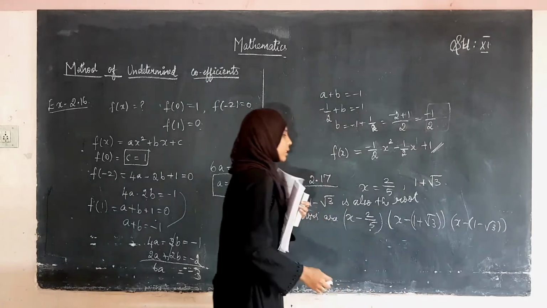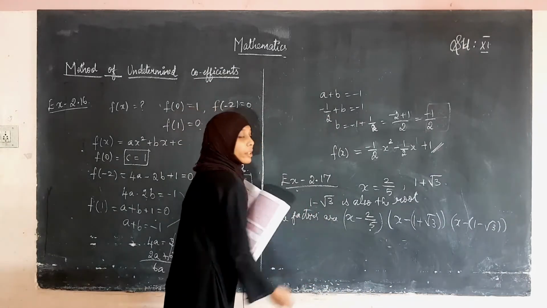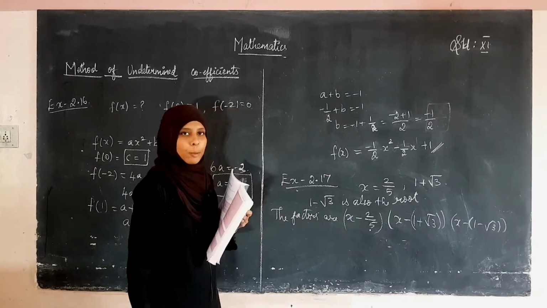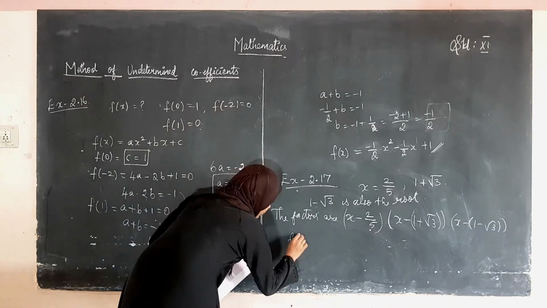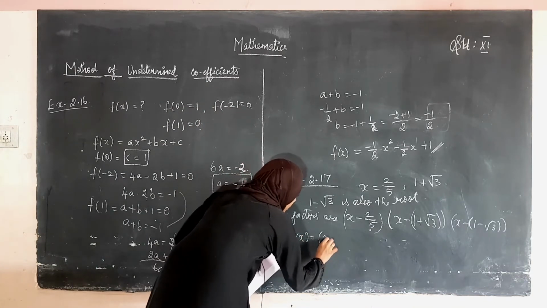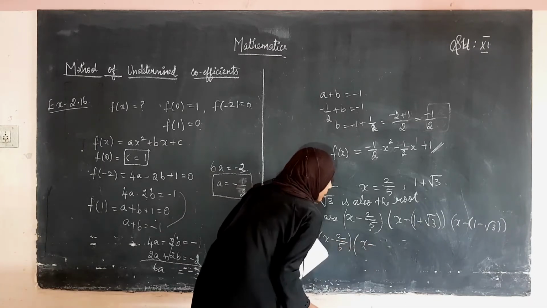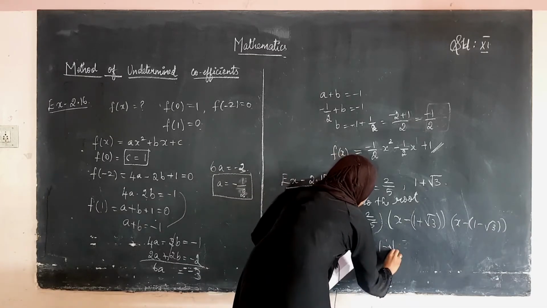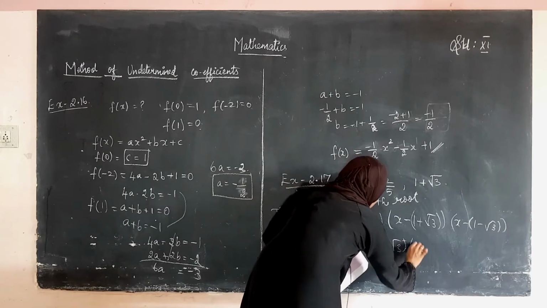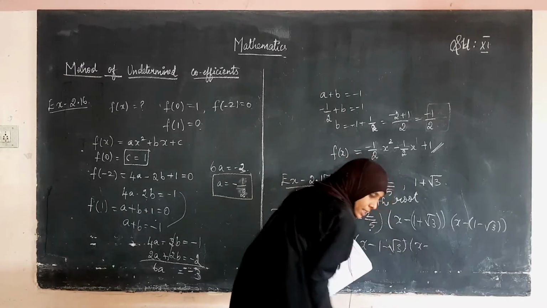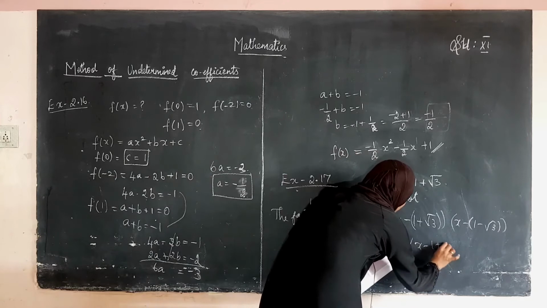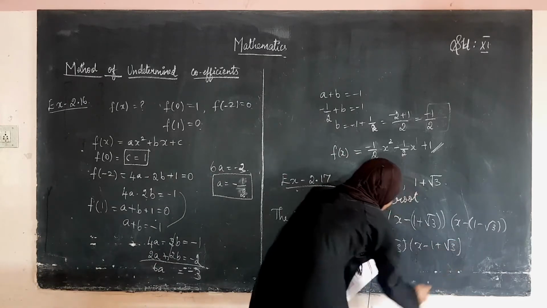These are the factors. So if we multiply the factors, we will attain the required cubic polynomial equation, right? So f of x is equal to x minus 2 divided by 5 into x minus 1 minus root 3 into x minus 1 plus root 3.